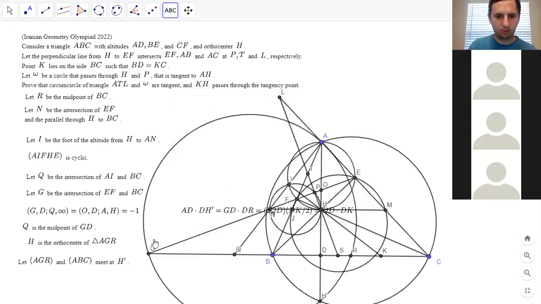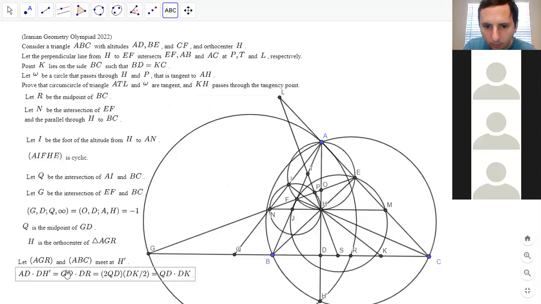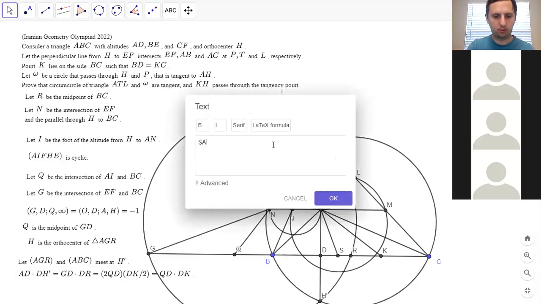So that means that AQH prime K is cyclic with orthocenter H, since the reflection of the orthocenter lies on the circumcircle.